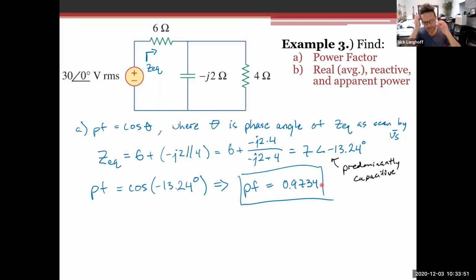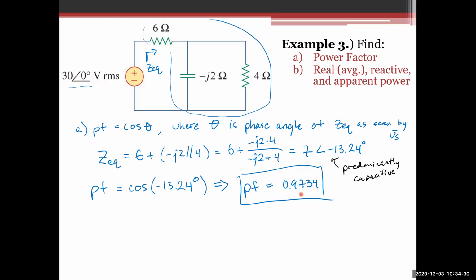So that means that 97% of the power, the amount of power being transferred to this entire load, the 6 and 4 ohm resistors and the negative J2 capacitor, the entire power delivered to that load from this 30 volt VRMS source is 97% of what it would be if the load was purely resistive.